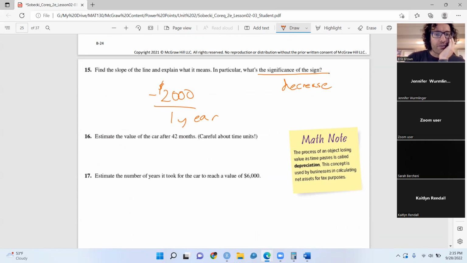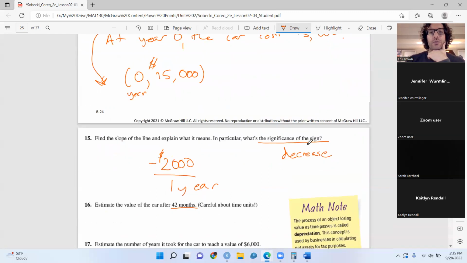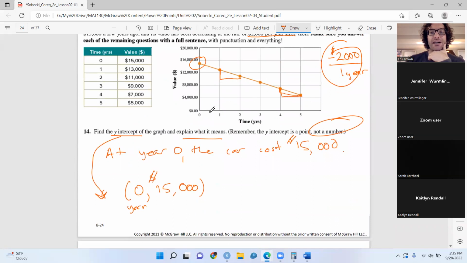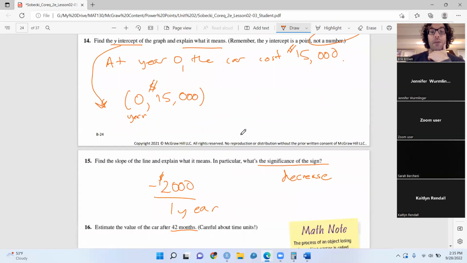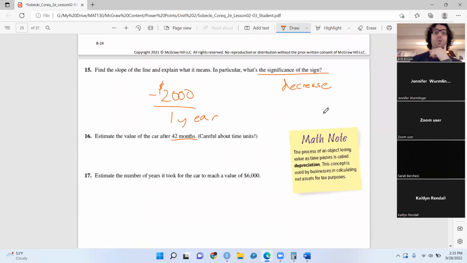Okay, so now we're supposed to estimate the value of the car after 42 months. Well, that's a problem, right? Because our time is in years, not months. So we need to figure out how many years are 42 months. Well, I know that 1 year is 12 months.